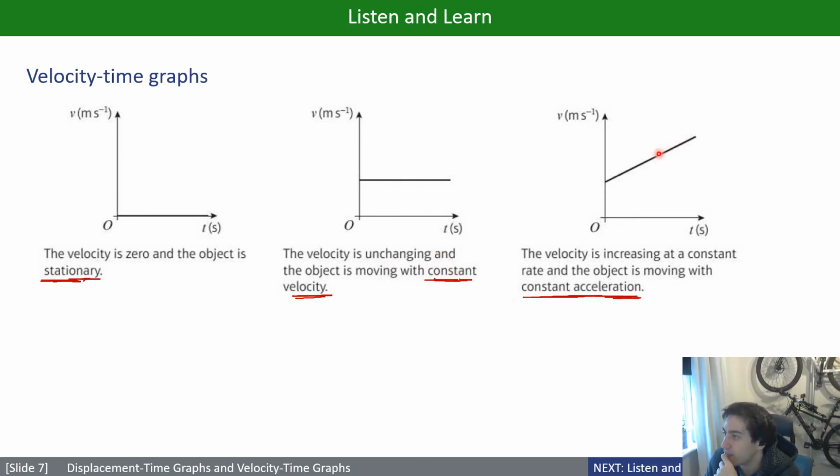And then here you've got a straight line again. On a velocity time graph, that means constant acceleration, because you've effectively got an initial speed which steadily increases, and the fact that it's steadily increasing along a straight line rather than a curve means it's constant acceleration.